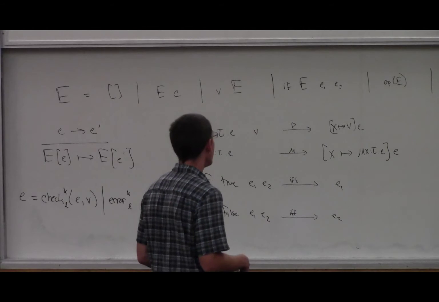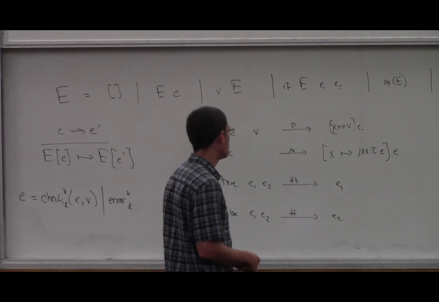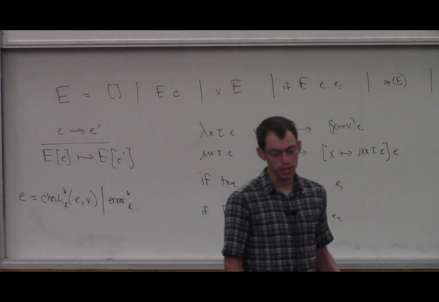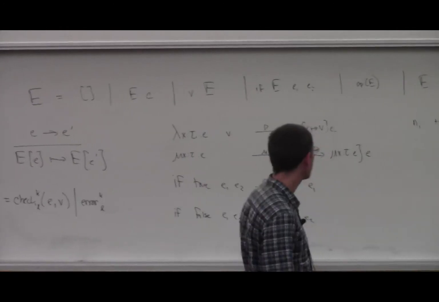So now we can add some new reduction rules. The simplest is for flat contracts.